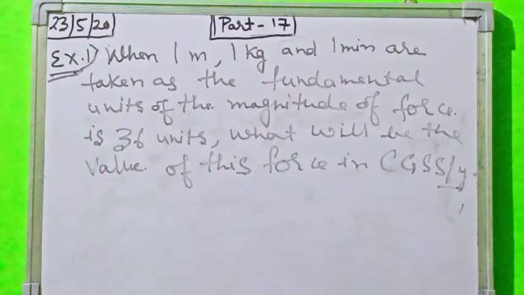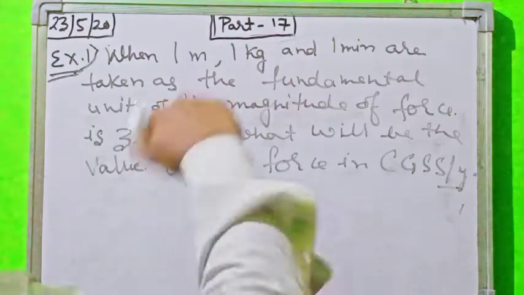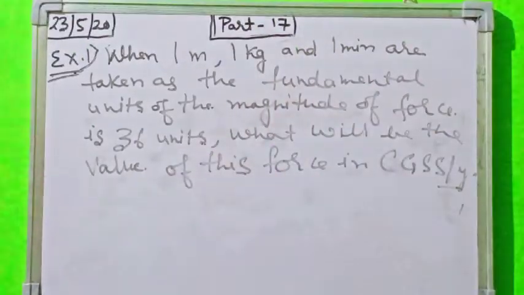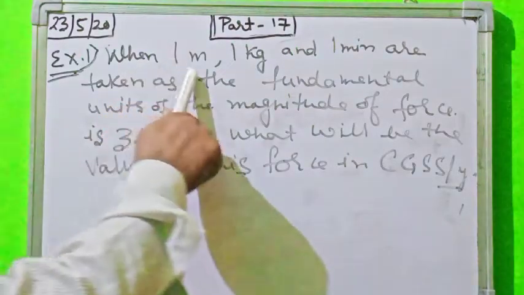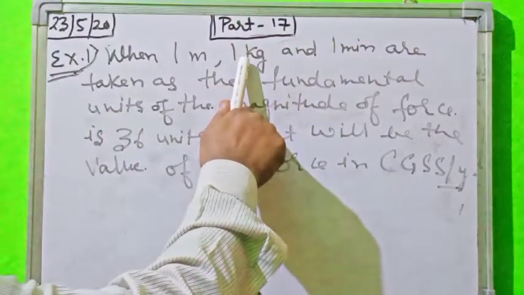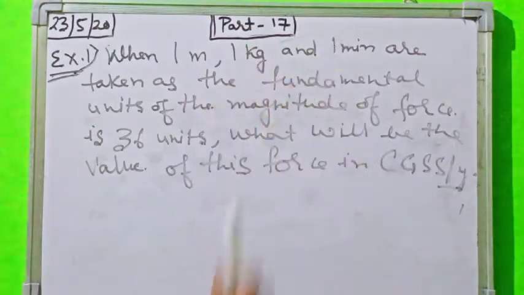It is given in the question. What will be the value of the force in CGS system of unit, when length is taken as 1 centimeter, mass is taken as 1 gram, and time is taken as 1 second. So let us solve this question.